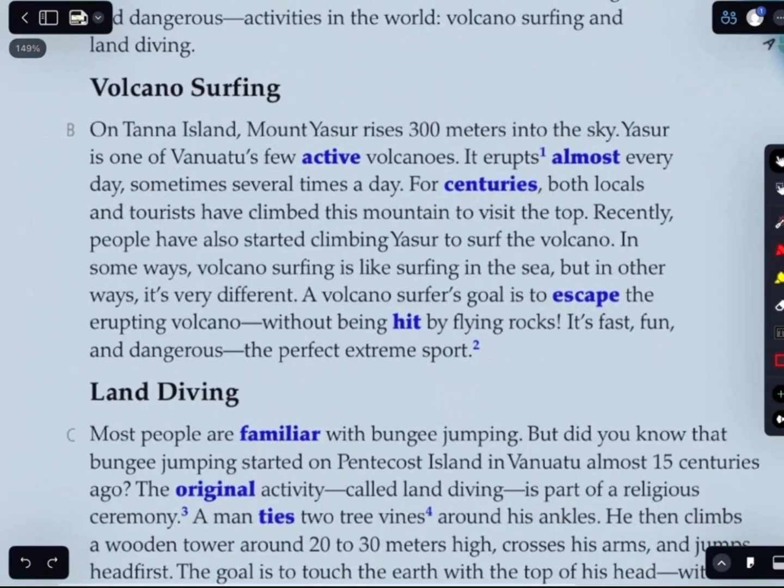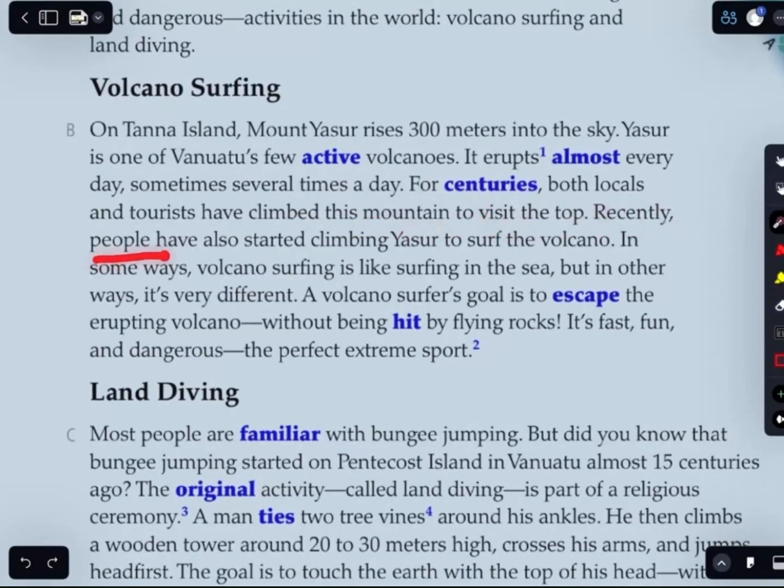Volcano surfing. On Tanna Island, Mount Yasur rises 300 meters into the sky. Yasur is one of Vanuatu's few active volcanoes. It erupts almost every day, sometimes several times a day. For centuries, both locals and tourists have climbed this mountain to visit the top.